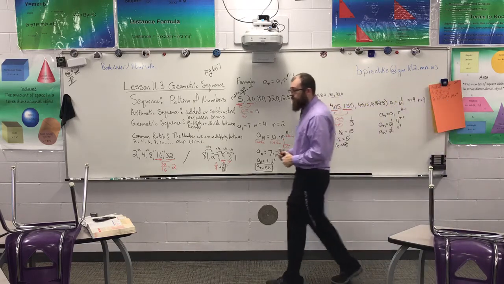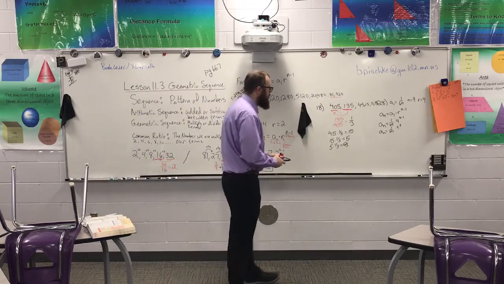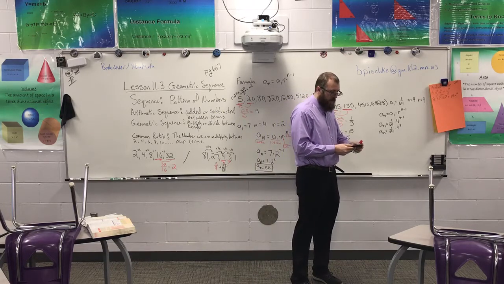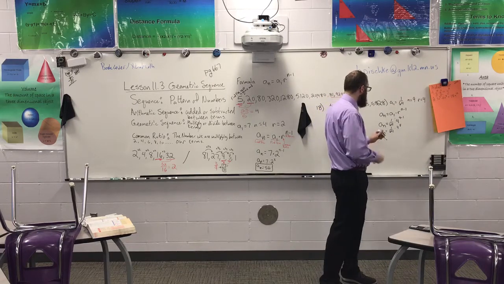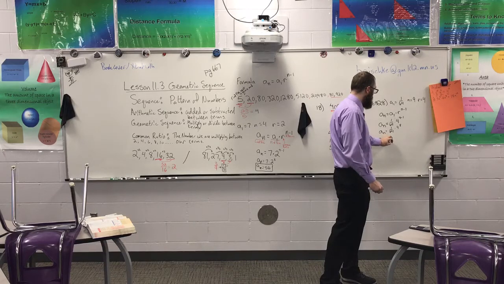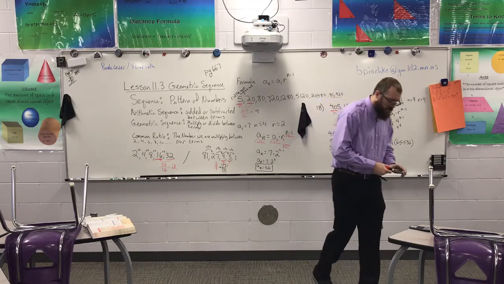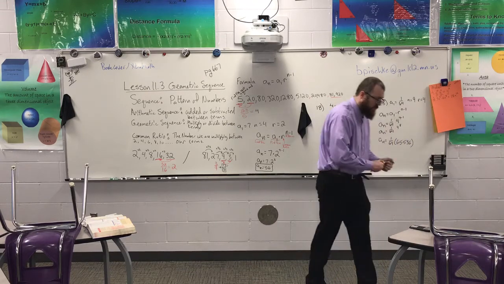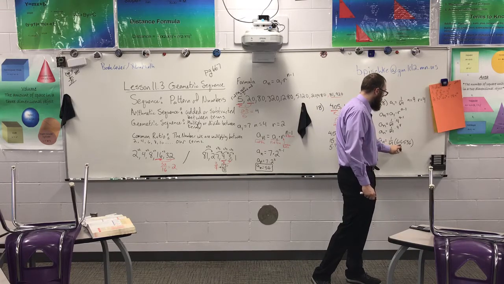Again, we need to be able to do our power. We need to do our power first and then multiply it. So we do 4 to the 8th power, which is 65,536. Then that can be multiplied by 1/64 to give us 1,024.